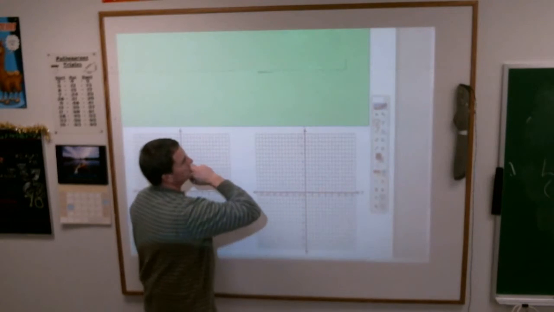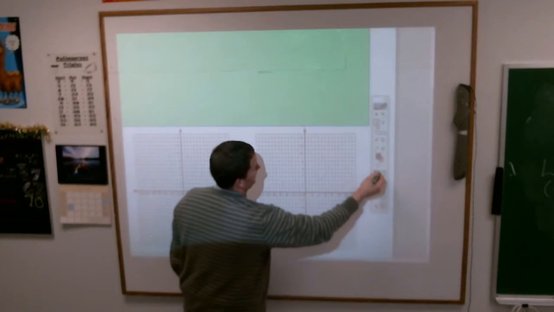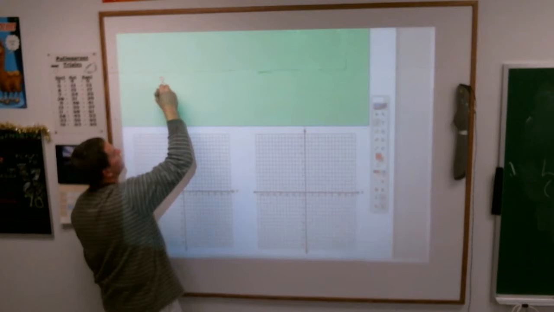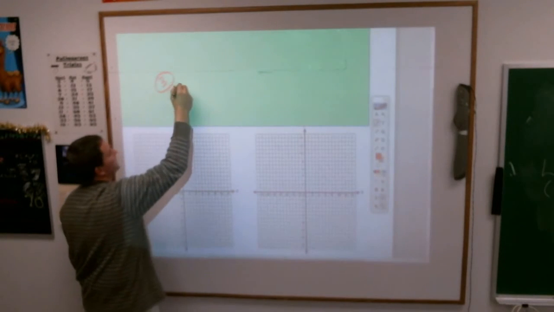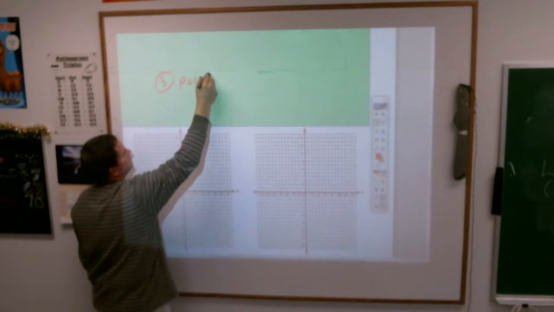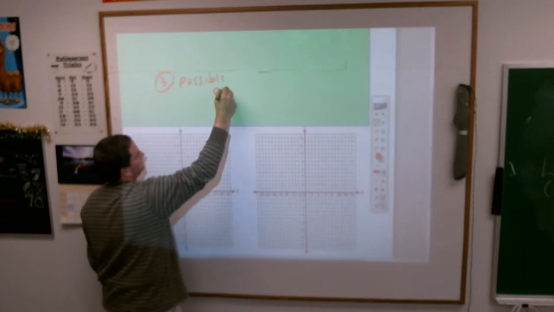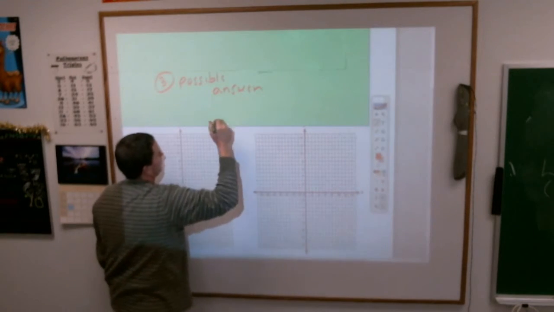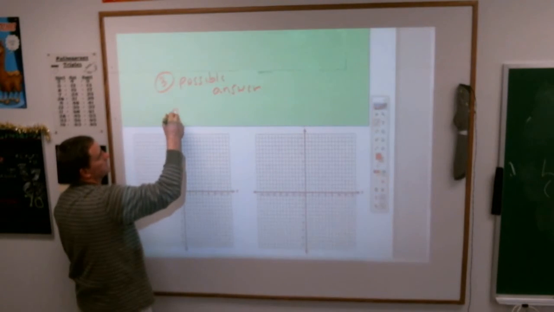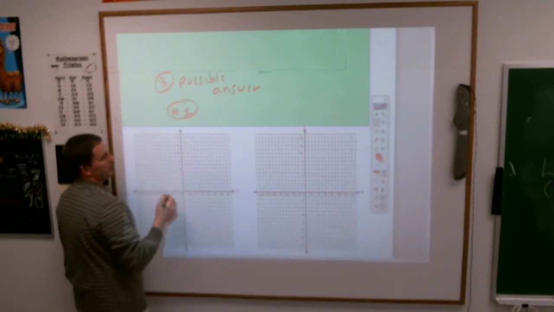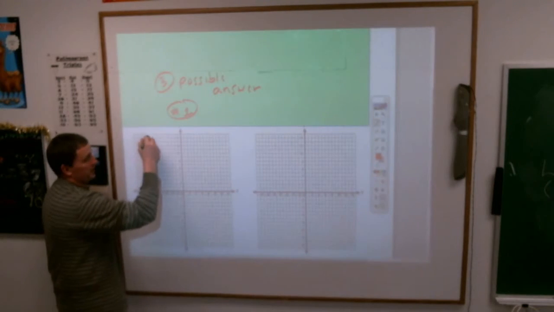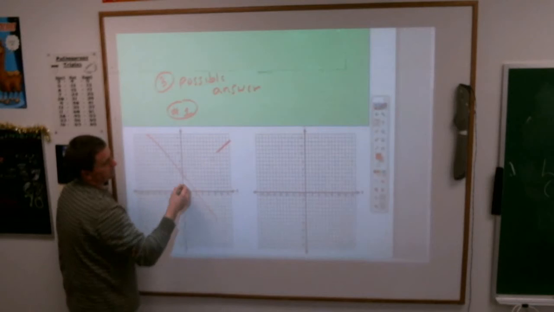Here are your 3 possible answers. The first one is what just happened in both of our cases, where you get 2 lines that cross.